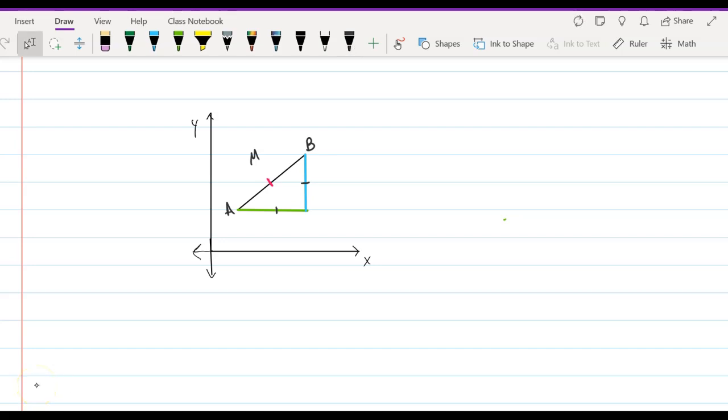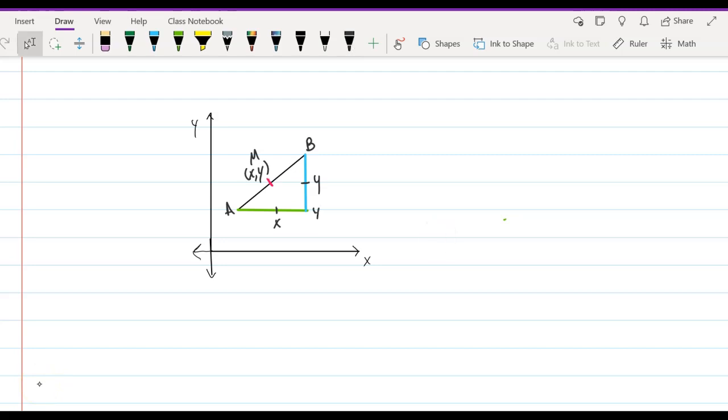Because this green line would give me my x value and the blue line would give me my y value. And I could just plug that in and I would know what the coordinates were. So over so many for x, up so many for y. Okay, now stay with me on this part. We're not going to be using numbers, so it's going to make it a little more confusing.